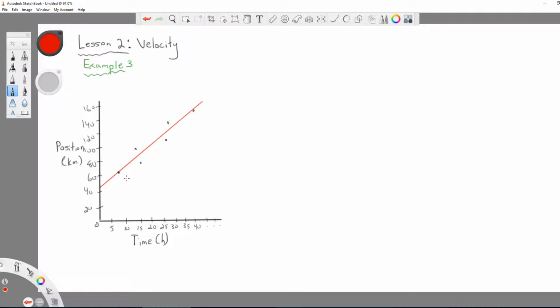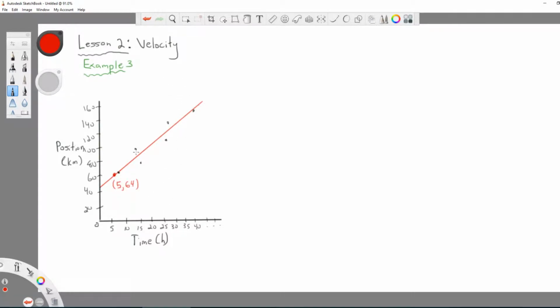Let me see here. So one value that I pulled off of this line was somewhere around here. It was actually at the value of 5, so probably around here. And what I got for that is a value of 5 and 64. So you can see it's not quite right, but it might be pretty close.